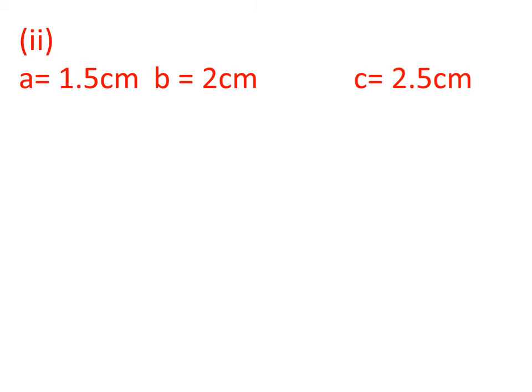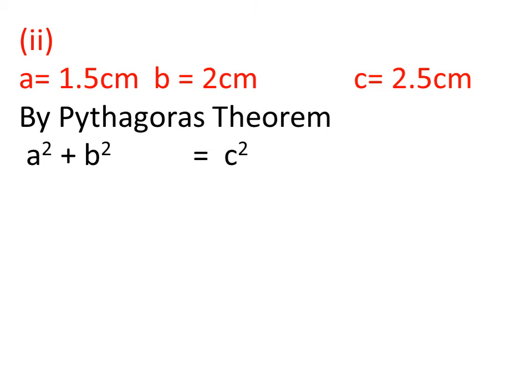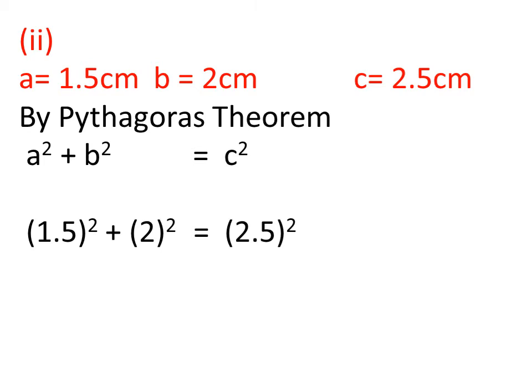In the next question, sides are given as A equal to 1.5 cm, B equal to 2 cm and C equal to 2.5 cm. Like in the first question, we will prove this by using the Pythagoras theorem, which is A square plus B square is equal to C square. By putting the values of A, B and C, we write 1.5 square plus 2 square equal to 2.5 square. 1.5 square will give us 2.25, the square of 2 will give us 4, and on the right hand side the square of 2.5 gives 6.25.